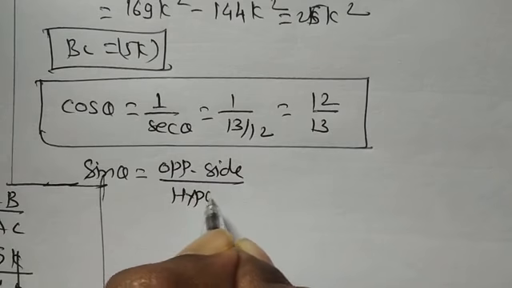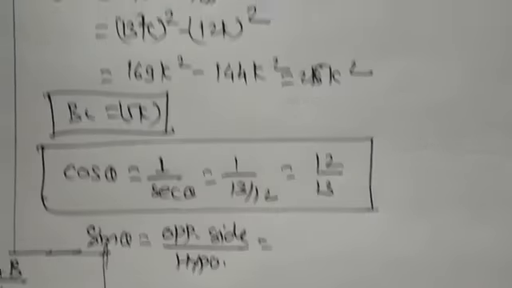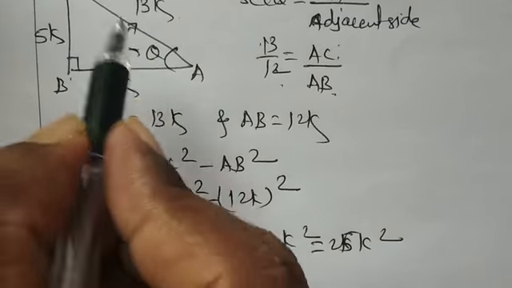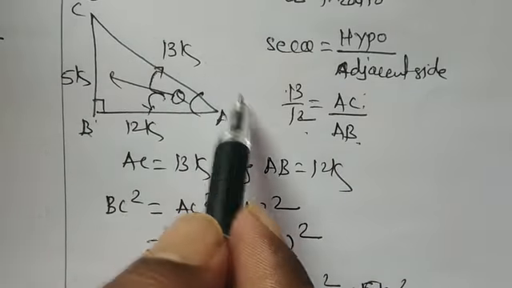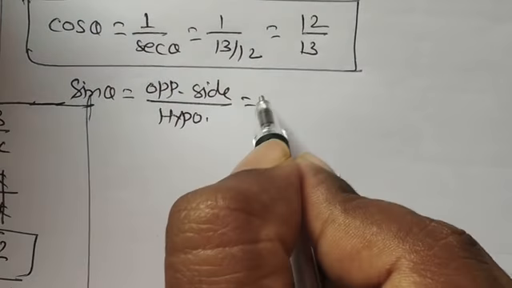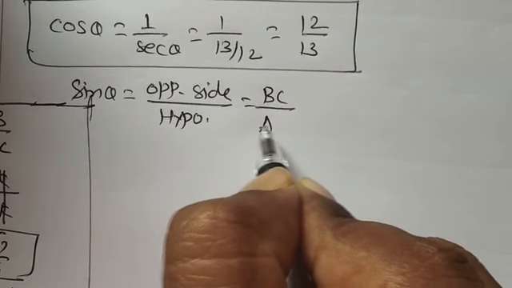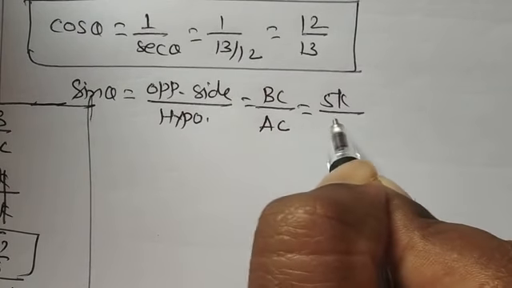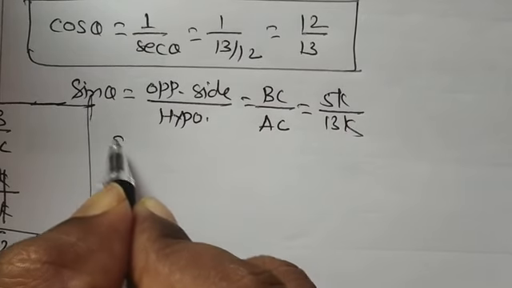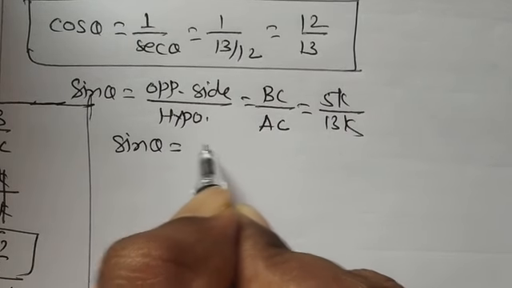From the figure, the opposite side is BC, so sin theta is BC upon AC. BC is 5k and AC is 13k. Then sin theta is 5 by 13.